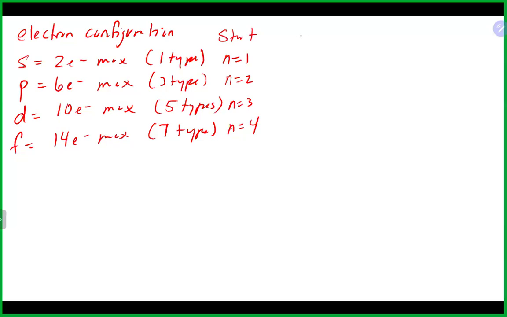What that allows you to do is make a little chart like this: 1s, down to the right a little bit 2p, 3d, and then down there 4f. At that point, all you have to do is fill in the numbers underneath it.